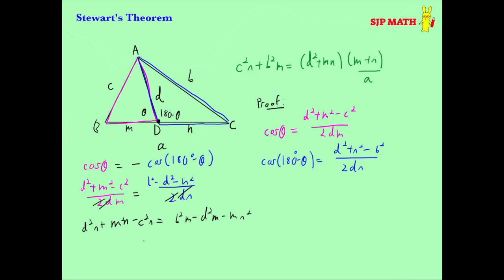To get this, we put the c squared n and b squared m on one side: c squared n plus b squared m is equal to d squared m plus d squared n plus m squared n plus mn squared.